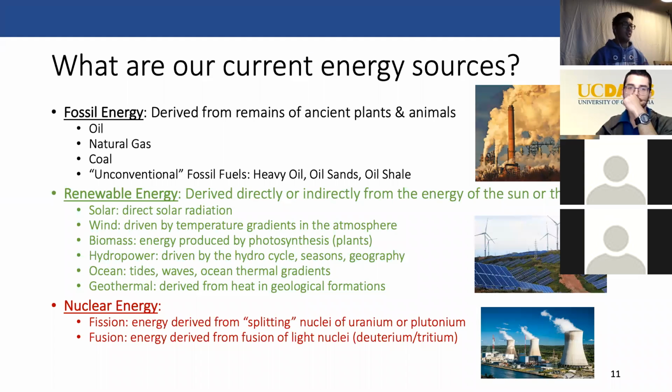Actually, the vast majority of the energy that we use and produce comes from fossil energy. The big ones are oil, natural gas, coal, and some of these can be derived from unconventional fossil fuels. This usually refers to different forms of oil: heavy oil, oil sands, oil shale. You may have heard of these, and we'll go into deeper detail about these in future lectures.